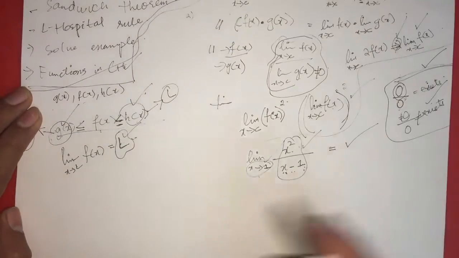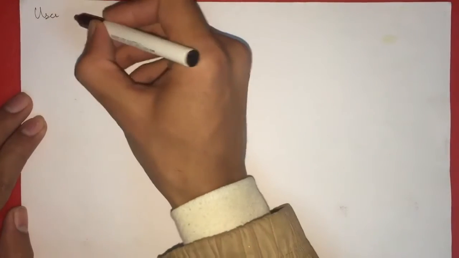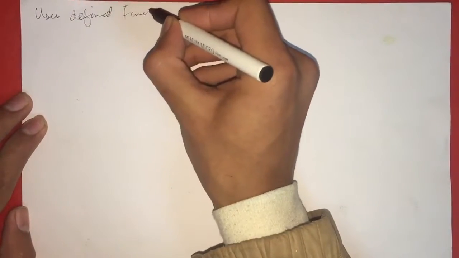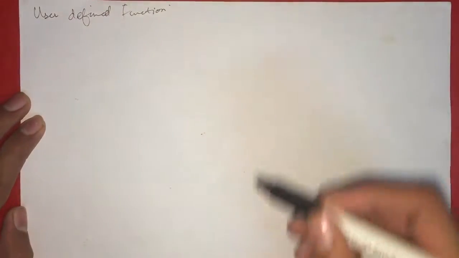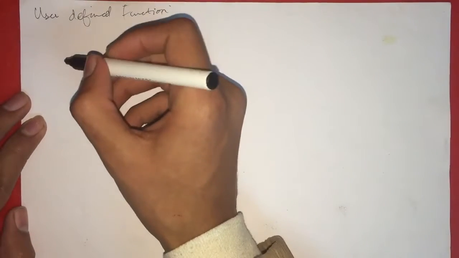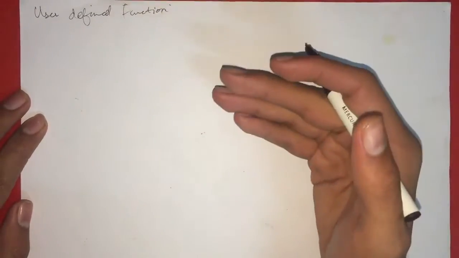Now let's discuss what we learned today in a programming class. What we learned was about user-defined functions, and how to call a function. First let me tell you what the heading of a function is.